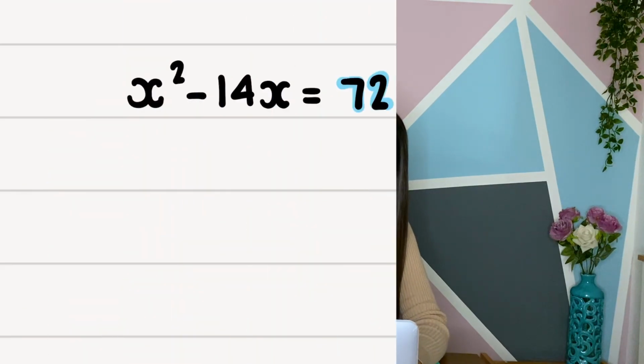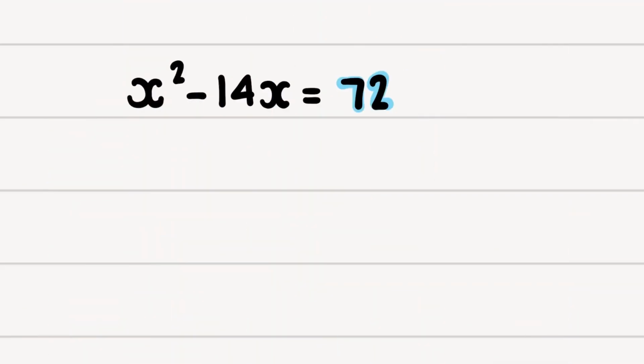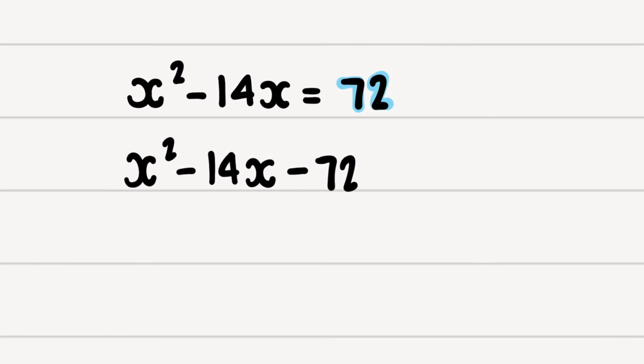So that means that I'm going to take this 72 across. So I'm going to have x squared minus 14x stays the same, and the positive 72 when it goes across now becomes negative 72, and that is equal to 0. So now I can solve this quadratic equation.